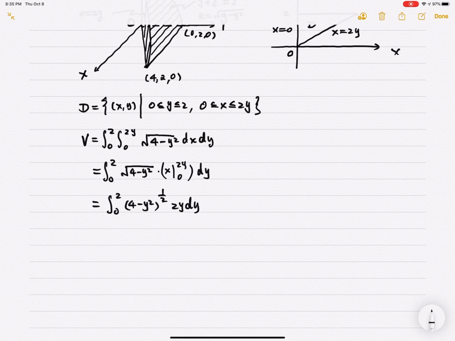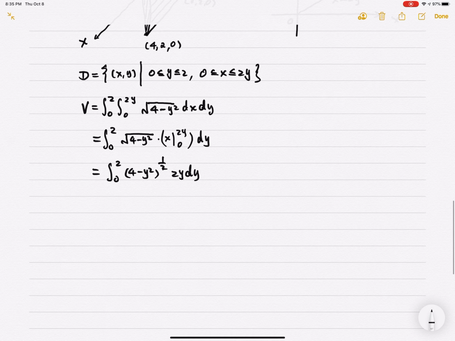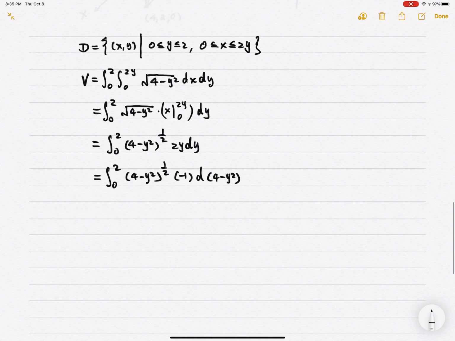Now 2y dy is a d of y squared. Now, let's see, d of 4 minus y squared equals the derivative of 4 minus y squared, which is negative 2y times dy, and then the negative cancels the negative 1. So I use the implicit substitution, let u equal 4 minus y squared. So you're going to have negative u to the half du.